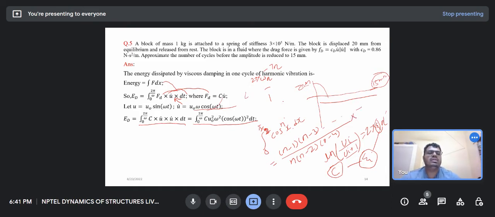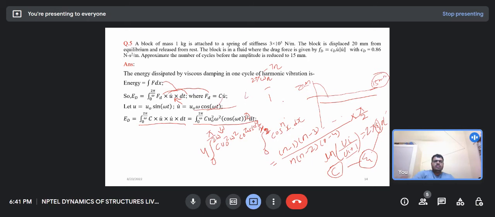If the power is even, then I multiply it by pi by 2. Here the power is 2. This is the full cycle, so I have to convert the whole cycle to pi by 2, since cos is an even function. So you can write it as 4 times the integral from 0 to pi by 2 omega of c u naught square omega square cos square omega t dt.